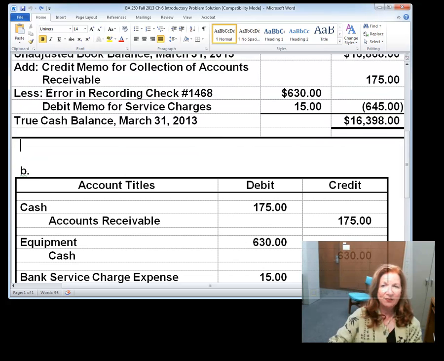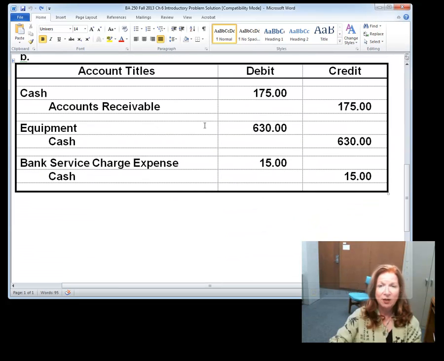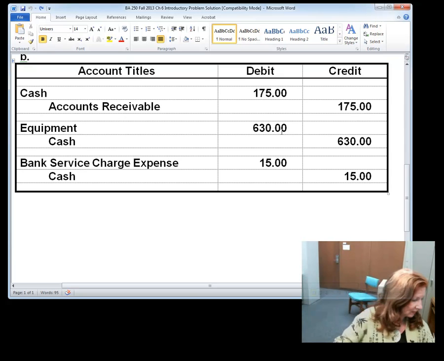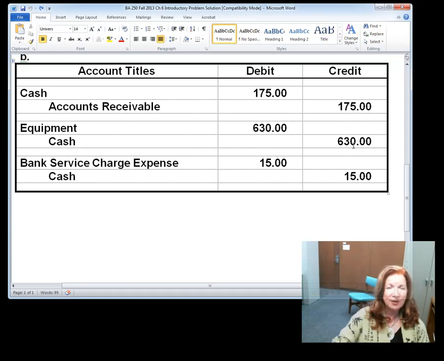Now the next thing we have here is an error in recording check 1468, and this is a less, so it's going to be a credit to cash because we want cash to go down. So we're going to be debiting equipment for $630, and they told us that check 1468 was a purchase for equipment, so we would debit equipment $630 and we would credit cash $630 to make cash go down by that amount because the check actually cleared for $700.